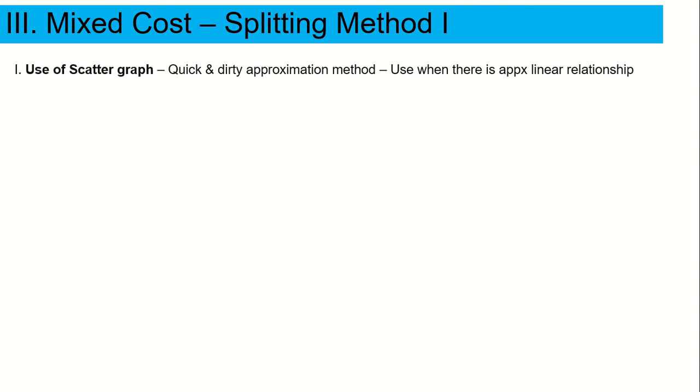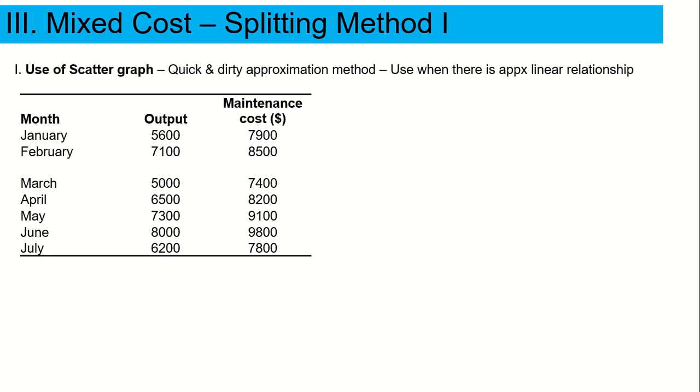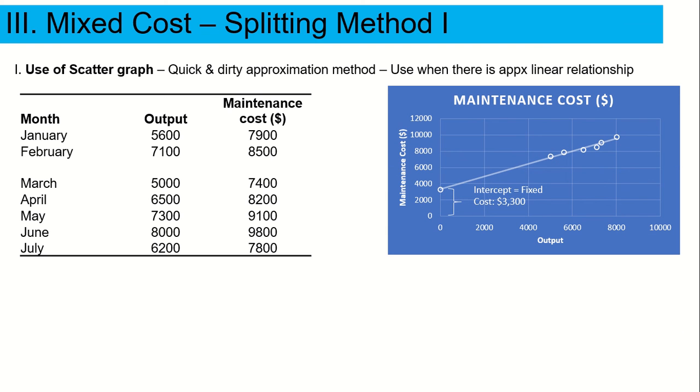One is the use of a scattergraph, which is a quick method of computing the fixed and the variable components of mixed cost. For example, if we study this data set of different months from Jan to July, the output and the maintenance cost at those levels of output, and draw a scatter graph using a simple Excel file, you can see the different bubbles here are nothing but the maintenance cost at different levels of output.